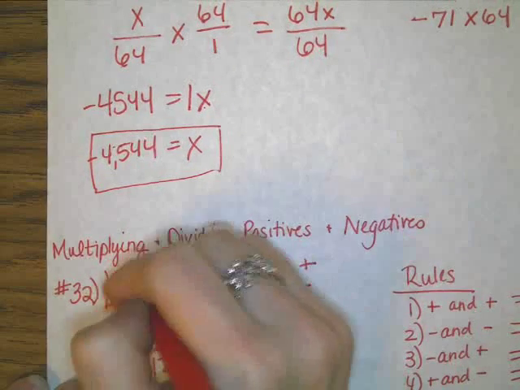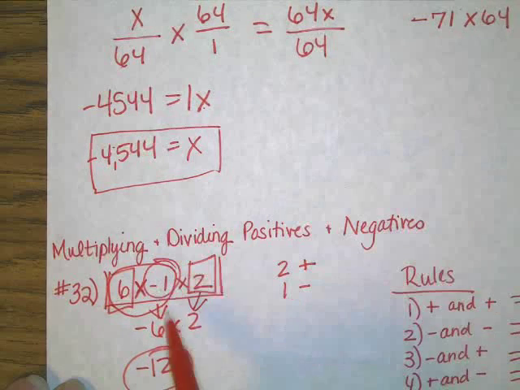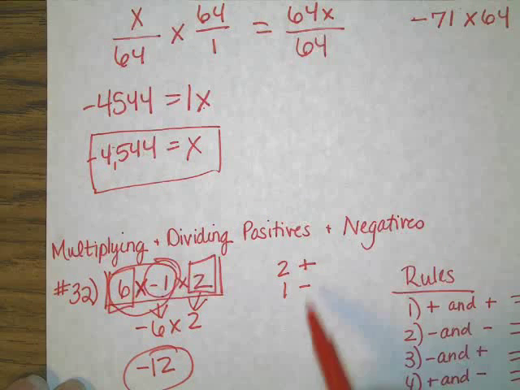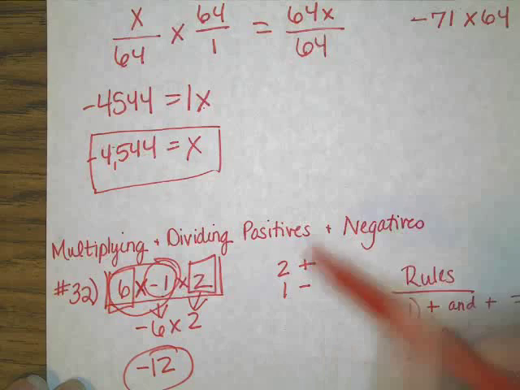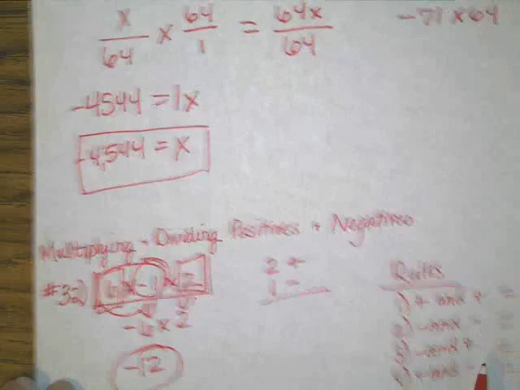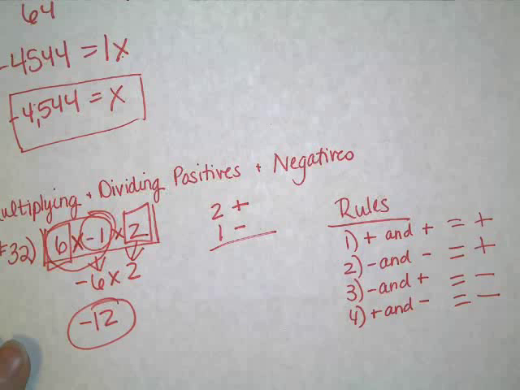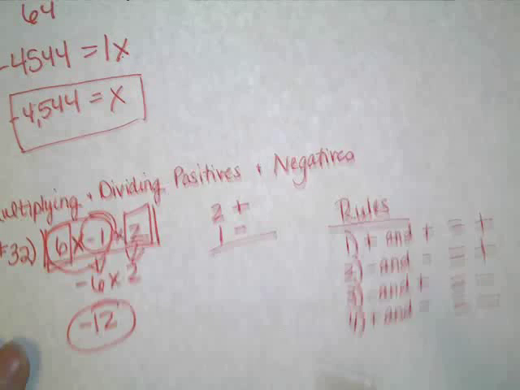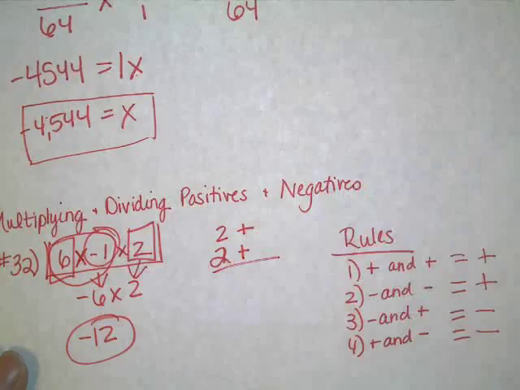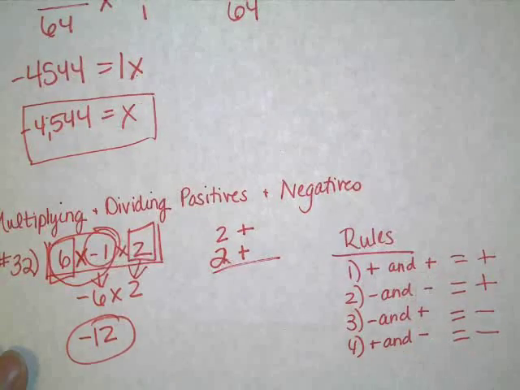So here's our positives. The 6 and the 2 are positive and the 1 is negative. So we have 2 positives and 1 negative. So if we look over here, don't we have a negative and a positive? Now if we had 2 positives, wouldn't we have a positive and a positive? Because wouldn't they be equal?